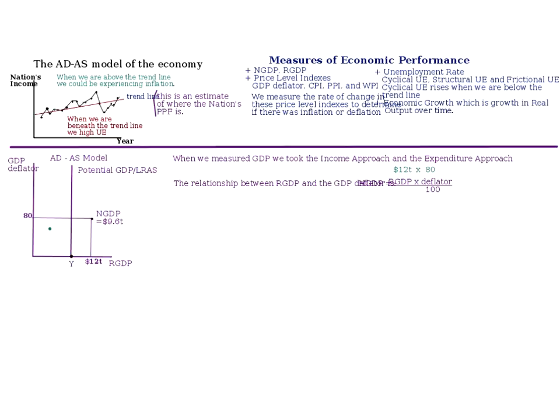So that means that it's to the left of where we would be if we were on our trend line, right? So where is it relative to our trend line? It means it's below our trend line. So if that's the case, this means we have less income, or less real GDP, than what we would have if we were on our trend line or on our production possibilities frontier.